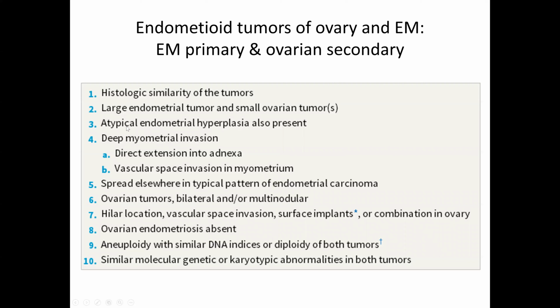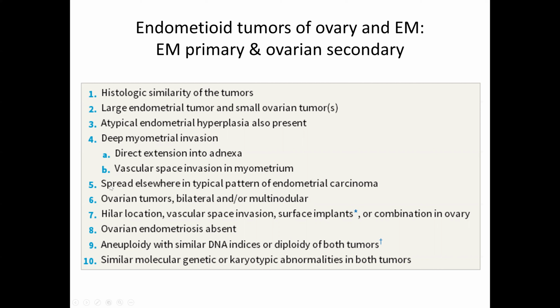We'd like the endometrium to show some sort of a precursor lesion, a hyperplasia. And generally, there should be myometrial invasion of some significance. This may either be direct extension or vascular space invasion. Any of these higher risk factors in the presence of a concomitant ovarian tumor would favor spread.